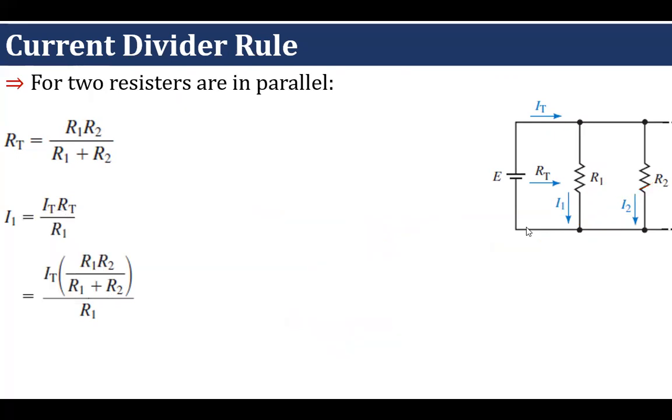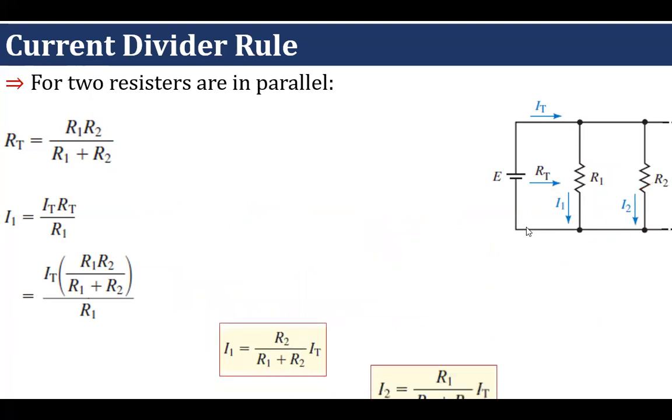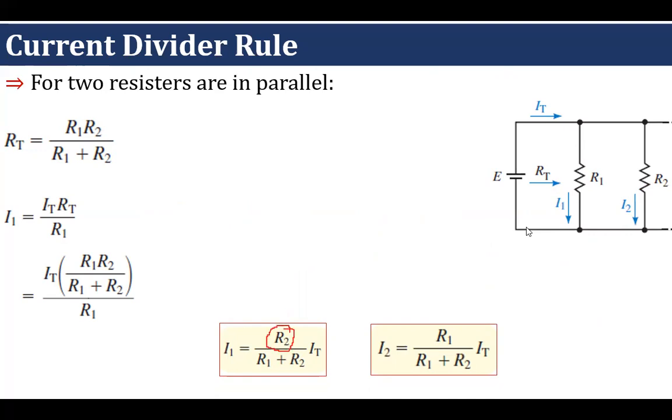So here we are going to get two formulas. I1 will be equal to R2, because we are calculating the current through R1, and that's why at the top we have to write the other resistor value, R2, upon the total resistance R1 plus R2, multiplied with the source current.